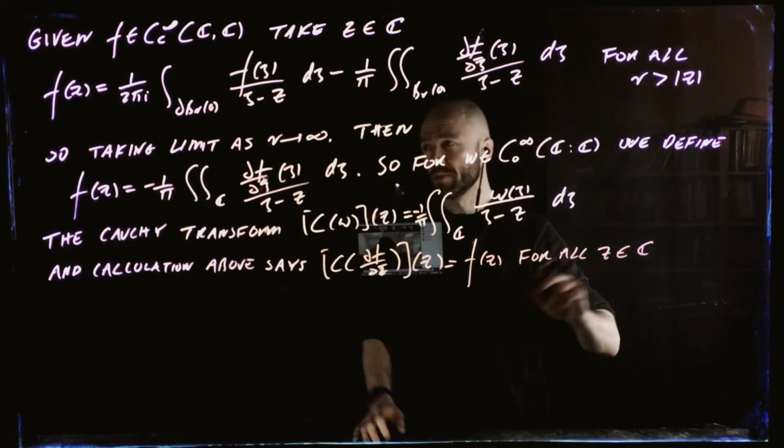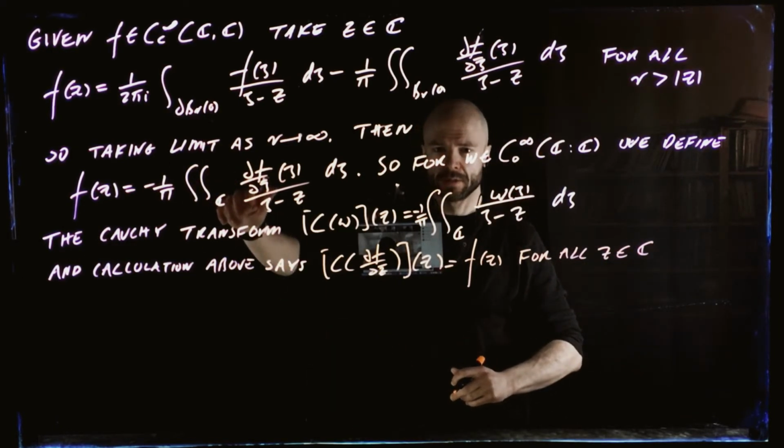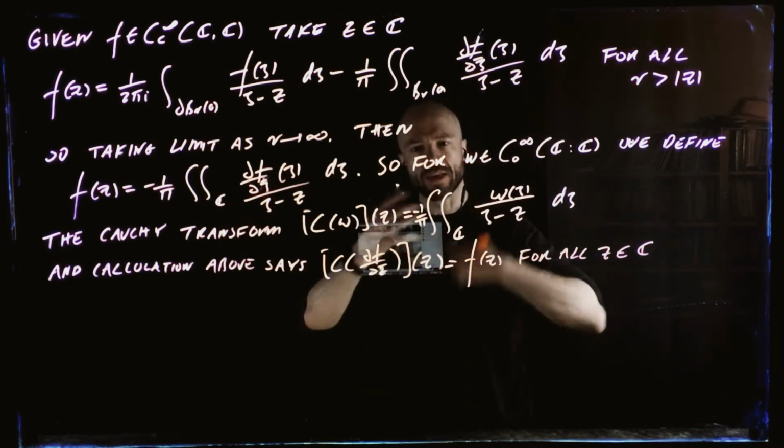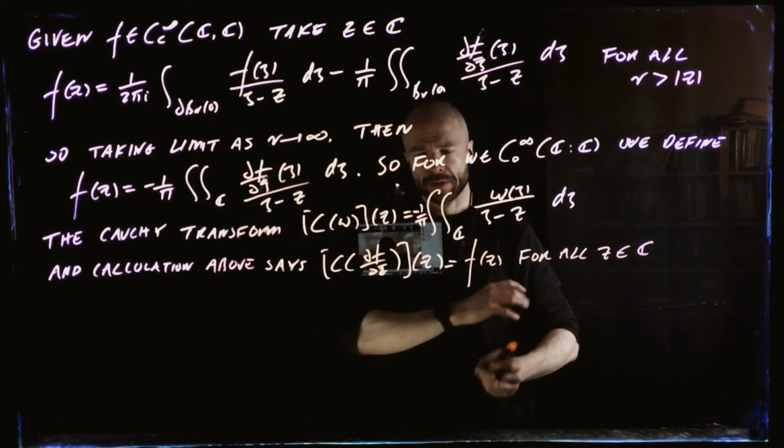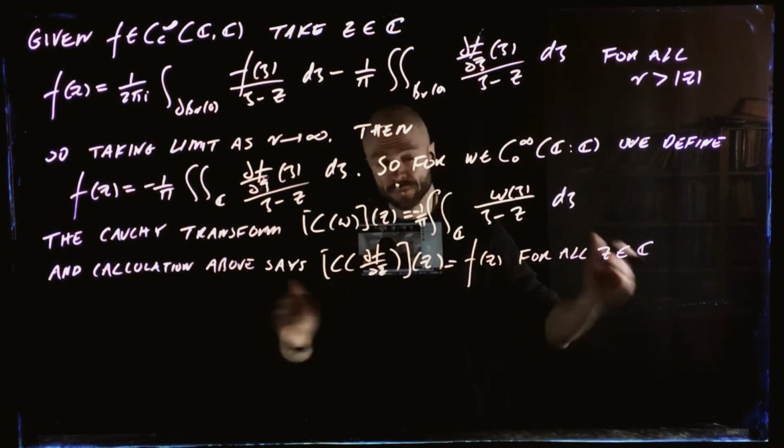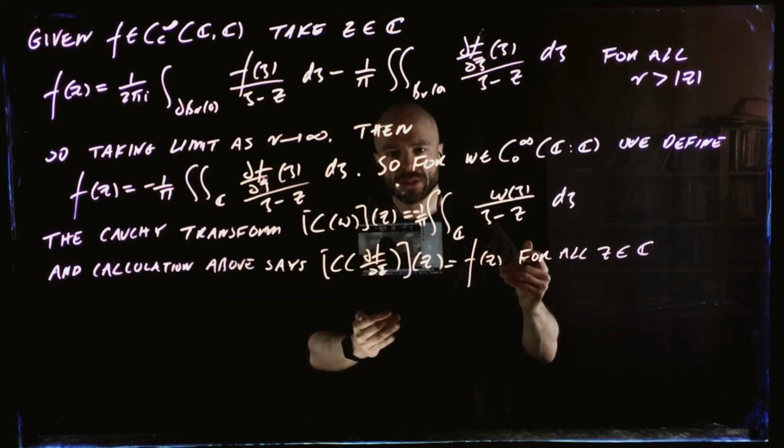That's what the calculation above says. So we take a smooth function, we take its anti-conformal part of the gradient, and then the Cauchy transform strangely inverts that.